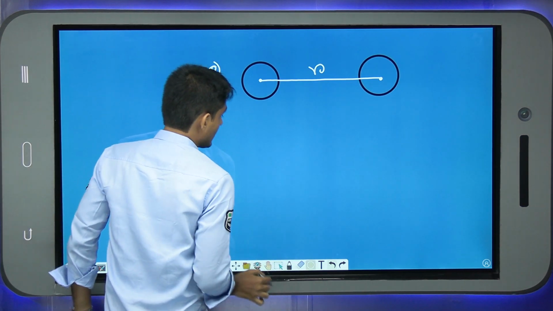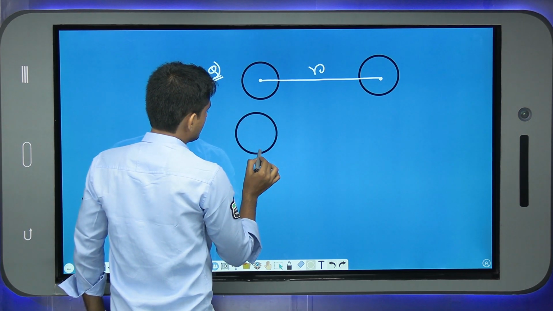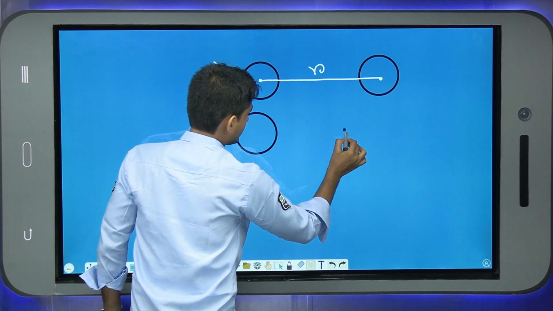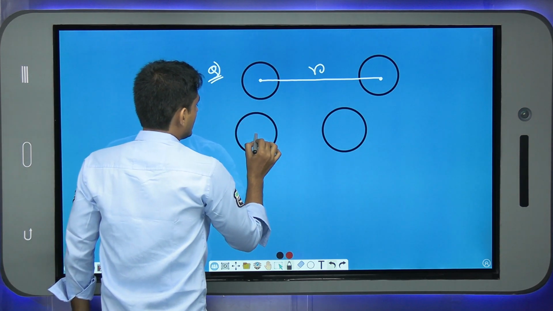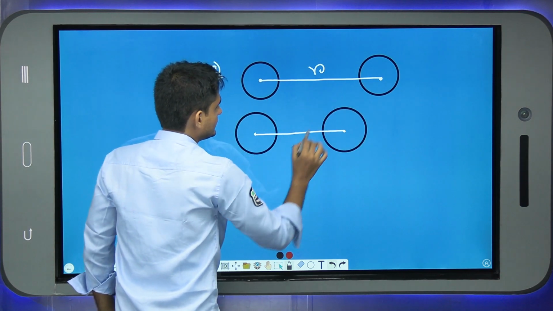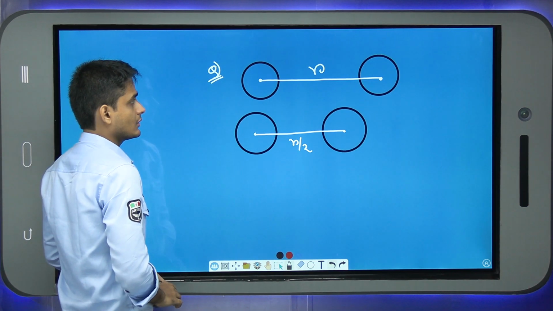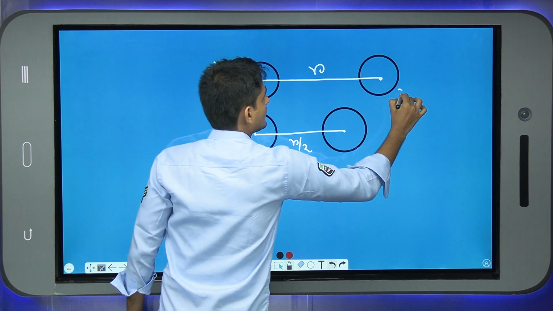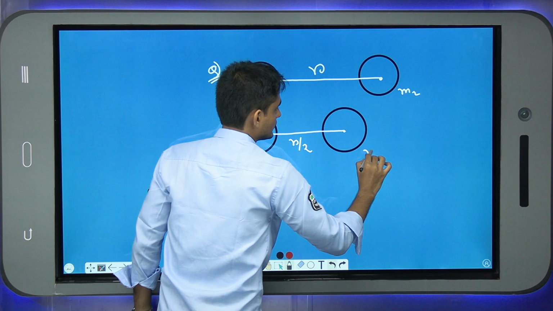Now I want to make the distance between them half, but the two masses remain constant, that is m1 and m2.